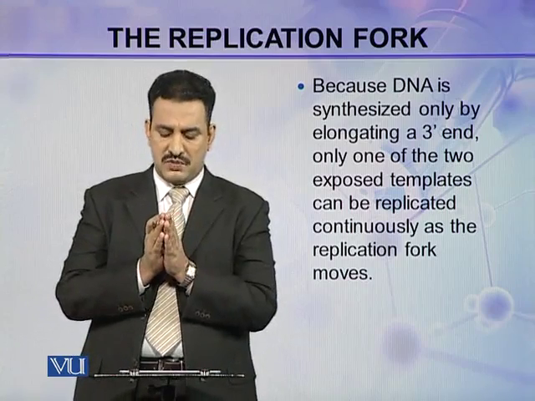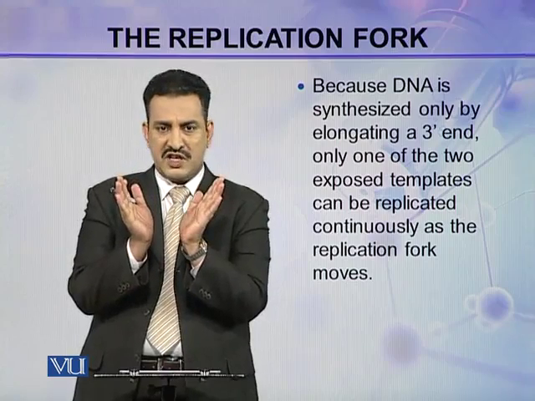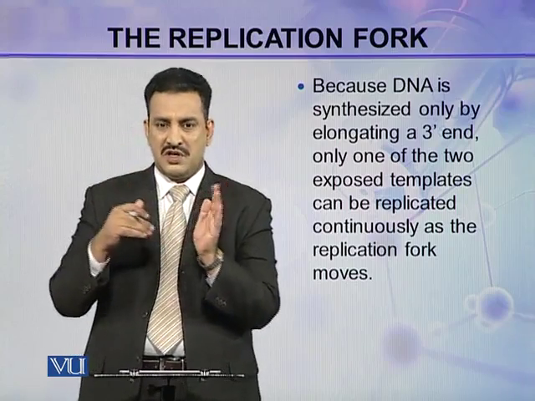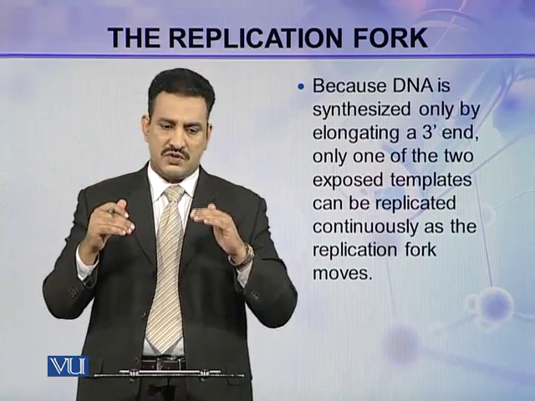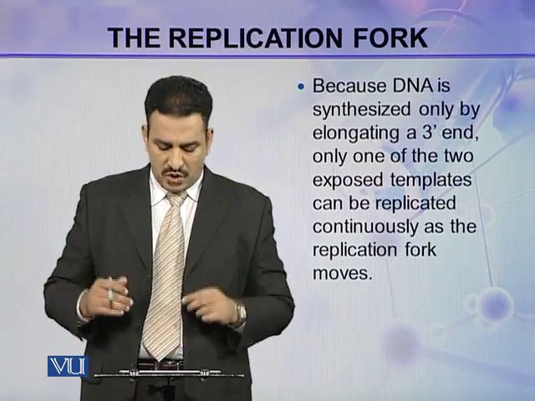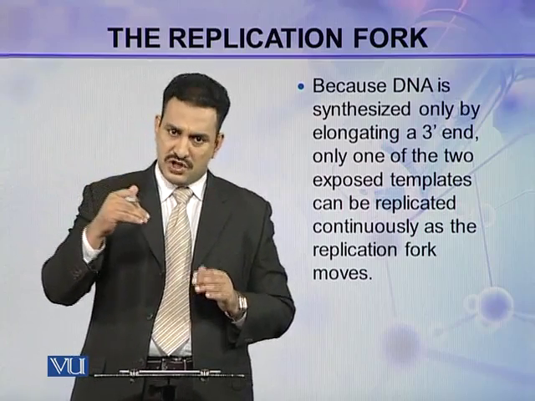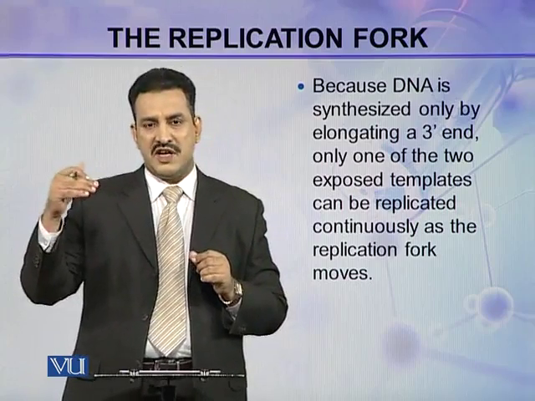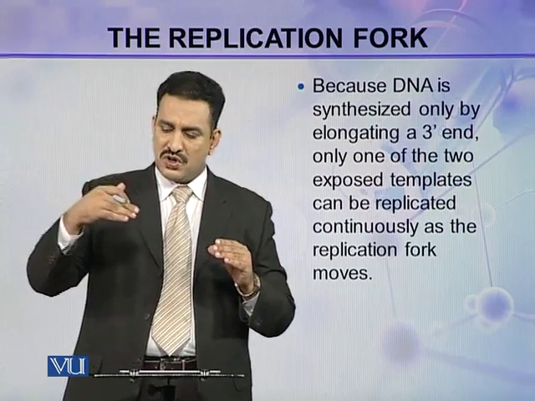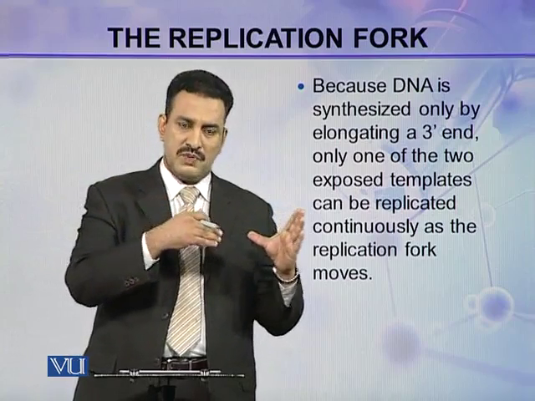So when two strands open, these two strands have opposite arrangement. One has 5 to 3, the other one has 3 to 5. So only the one strand will be synthesized continuously as the fork moves. So synthesis on this strand keeps on as far as the fork is opening up.